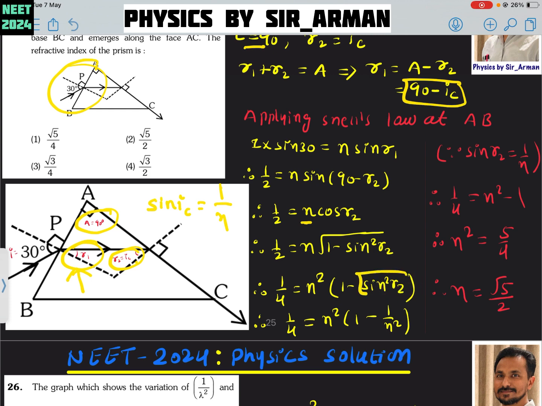So here sin square R2 is 1 by n square. Now multiply this inside, it becomes n square minus 1 equals to 1 by 4. Just rearrange, you will get refractive index is equals to root 5 by 2.